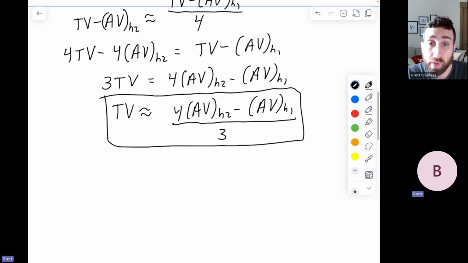Essentially what we're doing is finding 2 pieces of information about our approximation, and we're going to use those 2 to help us get a better approximation for the true value.